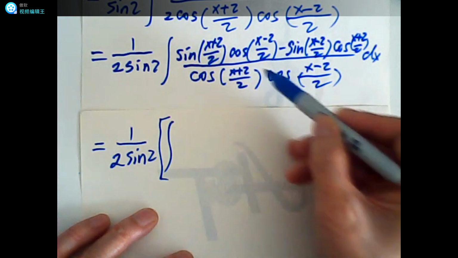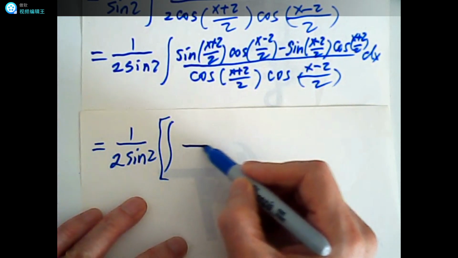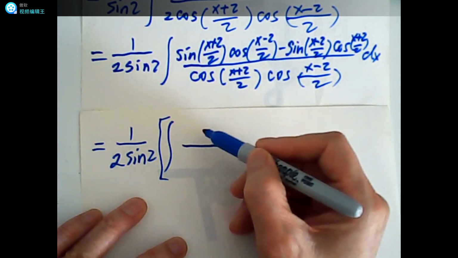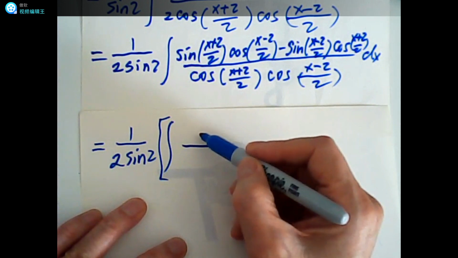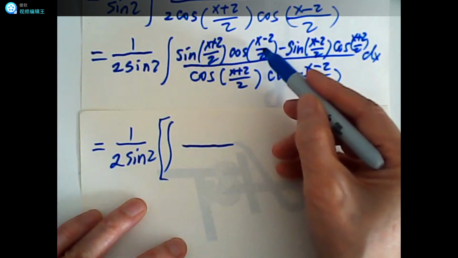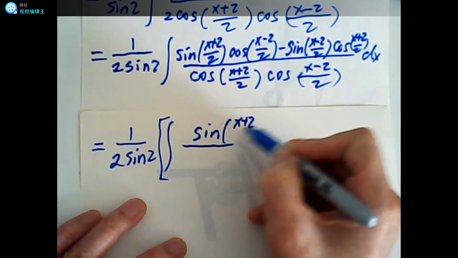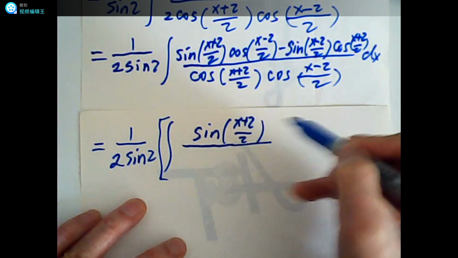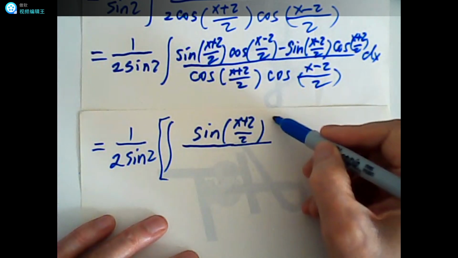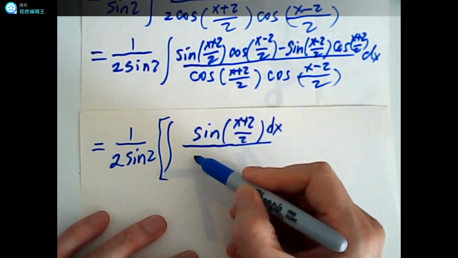So here you cancel this one with that one. We have sine (x plus 2)/2 dx.